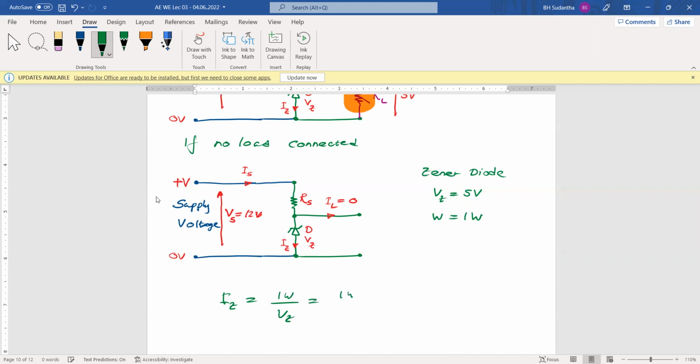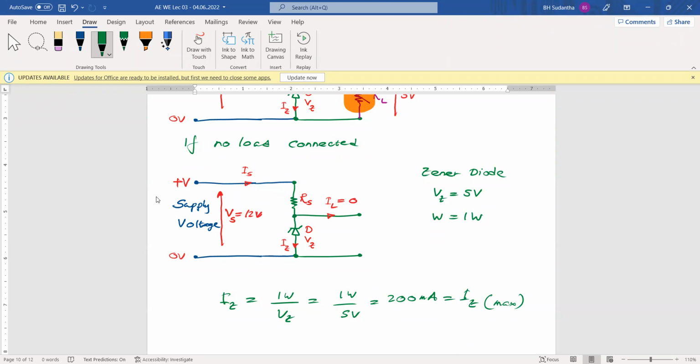Then 1 watt divided by 5 volts, 200 milliampere. Then this is IZ max. This is the current the Zener can handle without damaging it. On the safe side, this is the maximum current.